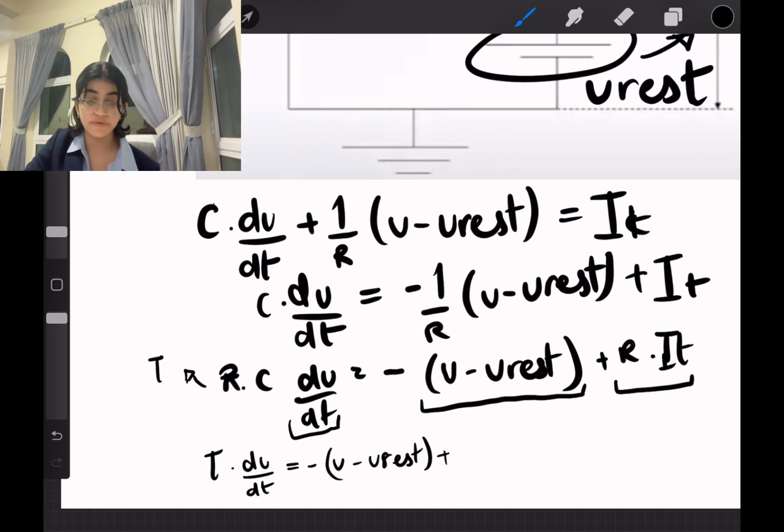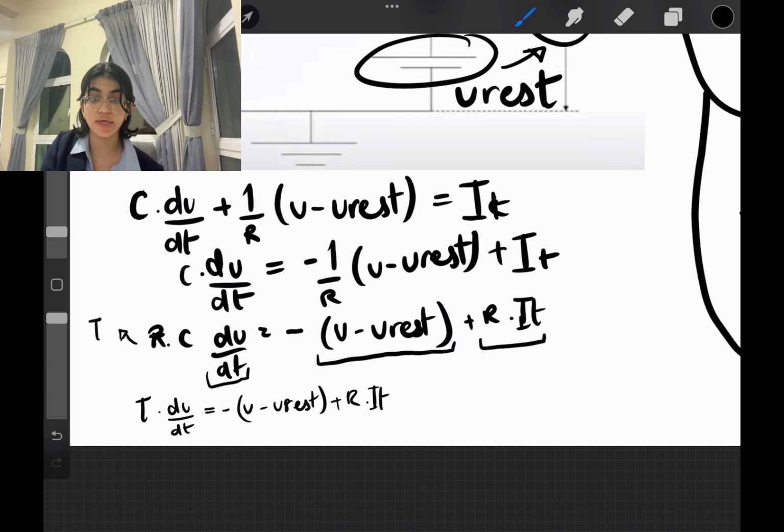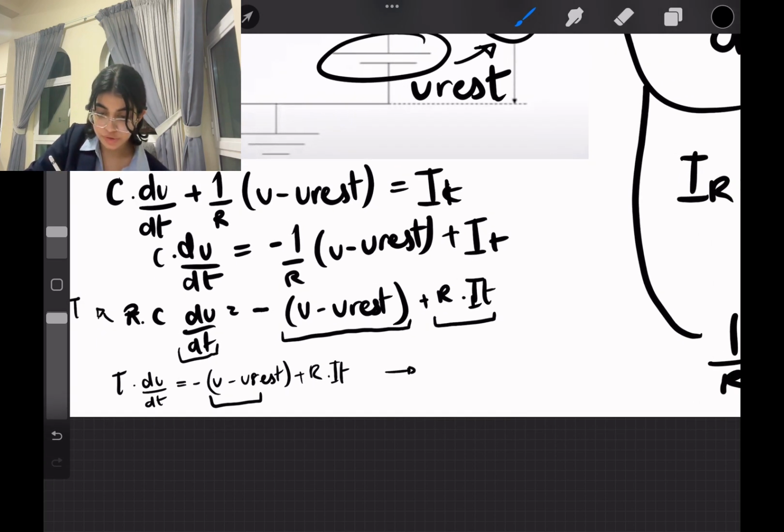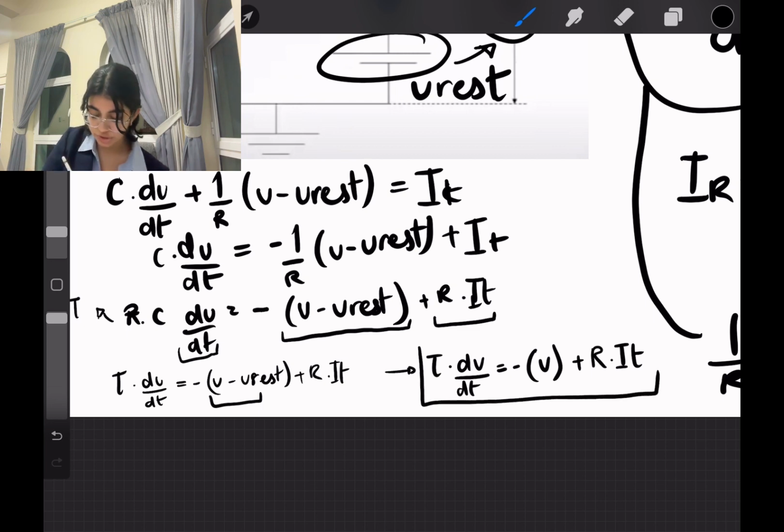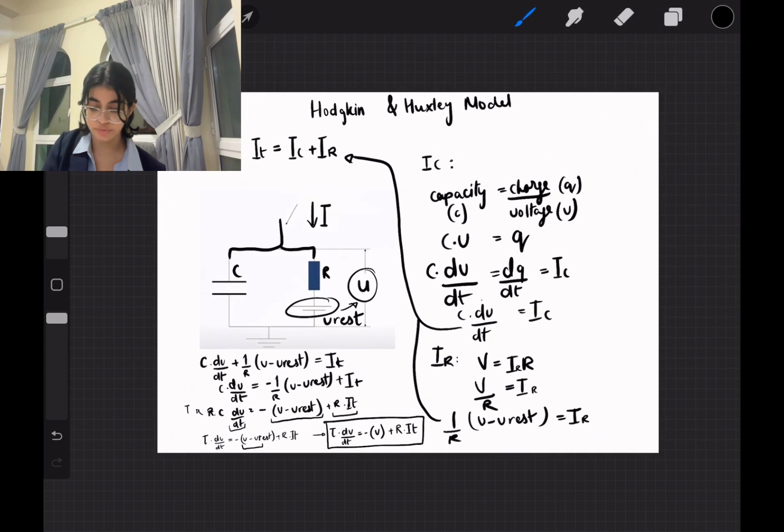And this can be simplified further as U minus U rest is basically voltage, so it can be replaced by V. So tau times dV by dt equals minus V plus R times IT, and this would be the final voltage equation for the Hodgkin and Huxley model.